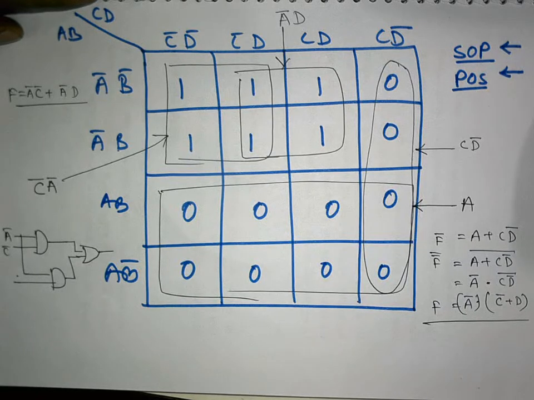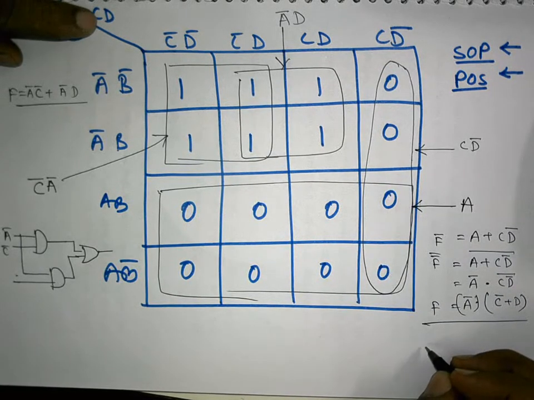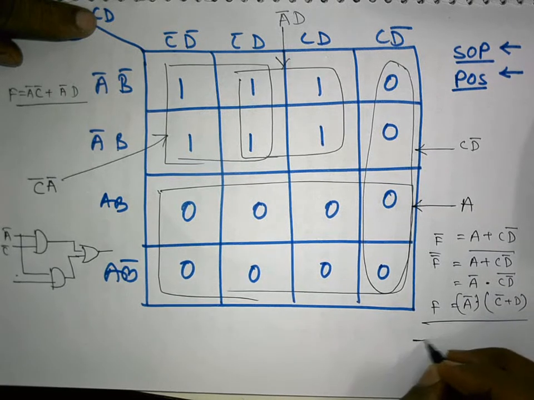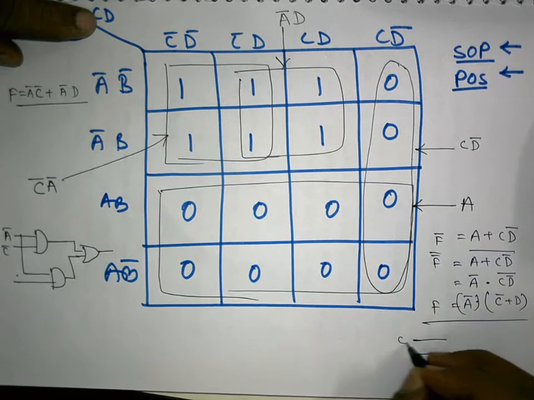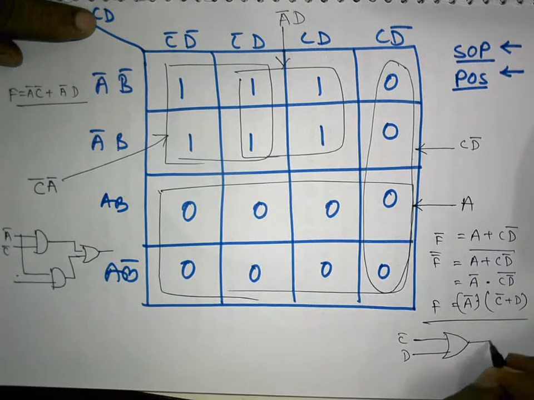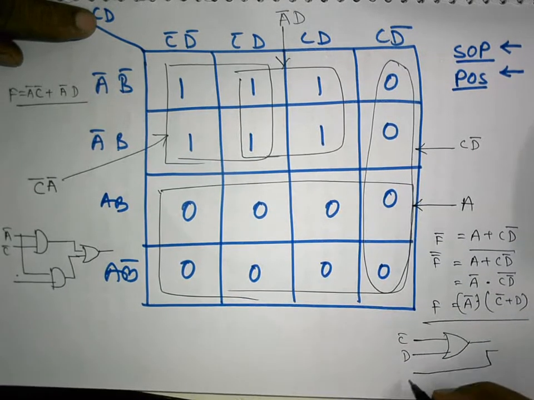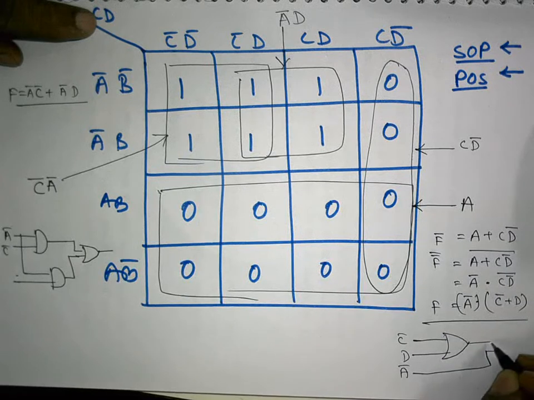Okay. And what about the realization of this? C bar, D, they are applied to the OR gate, and then A bar, they are fed to the AND gate.